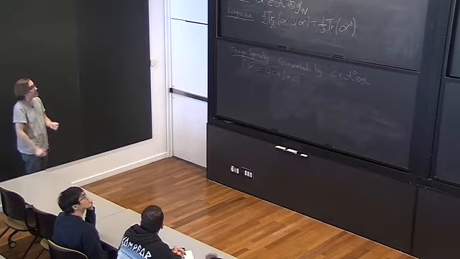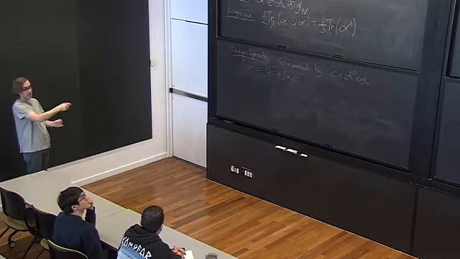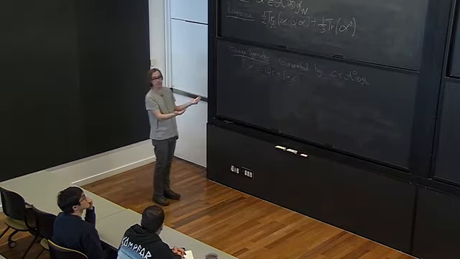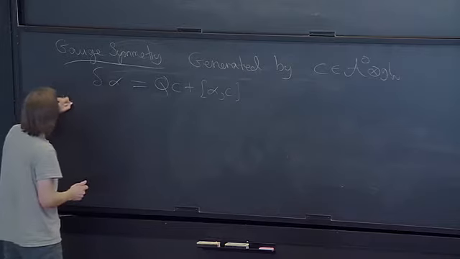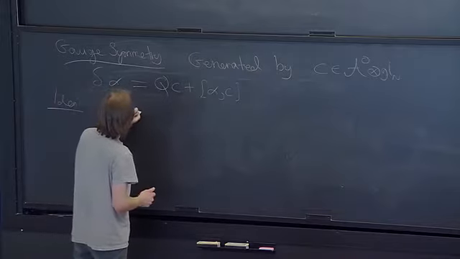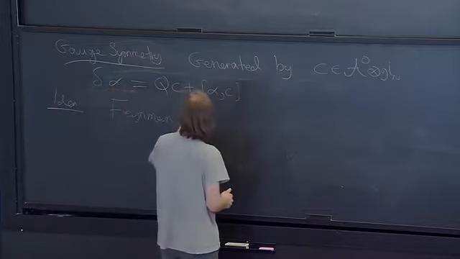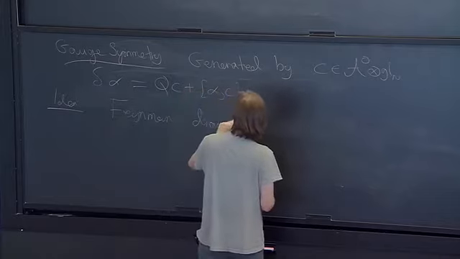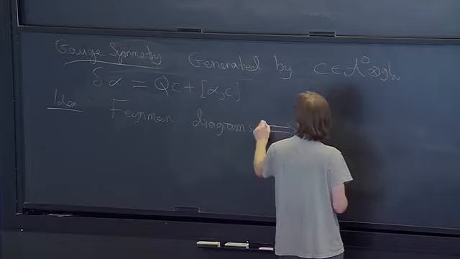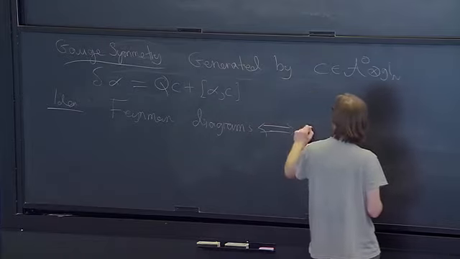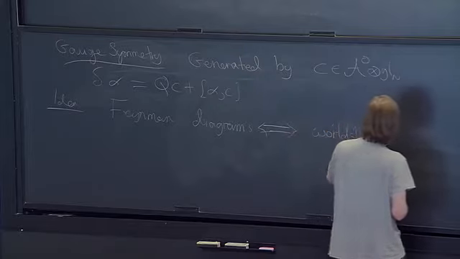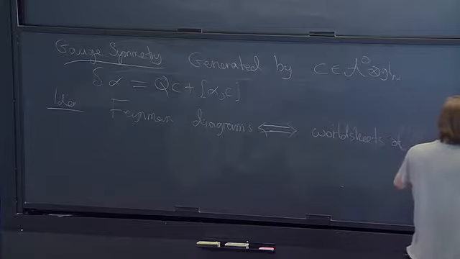And the idea is that if you do the path integral, then your Feynman diagrams, if you write them in double line notation, are nothing but the world sheet of the topological string.